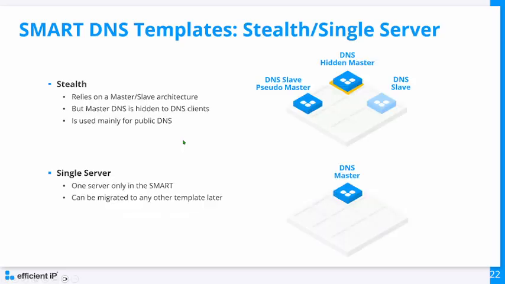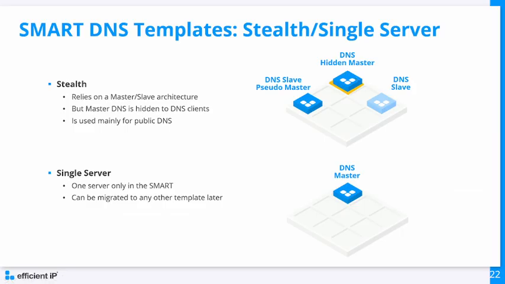Okay. Another architecture that you can use that is like master-slave is actually the stealth. If you look into it, a stealth is basically a master-slave architecture. You have one master and you can have slaves. The only difference is the original master is not advertised.